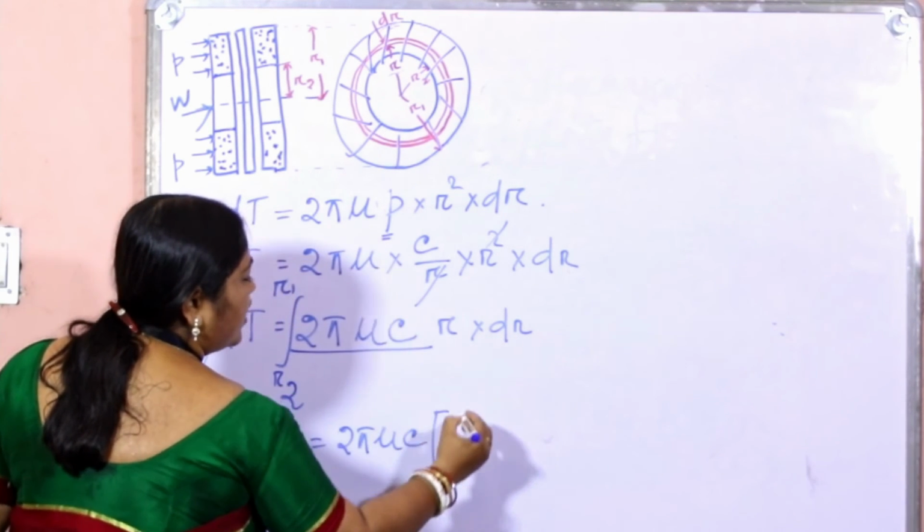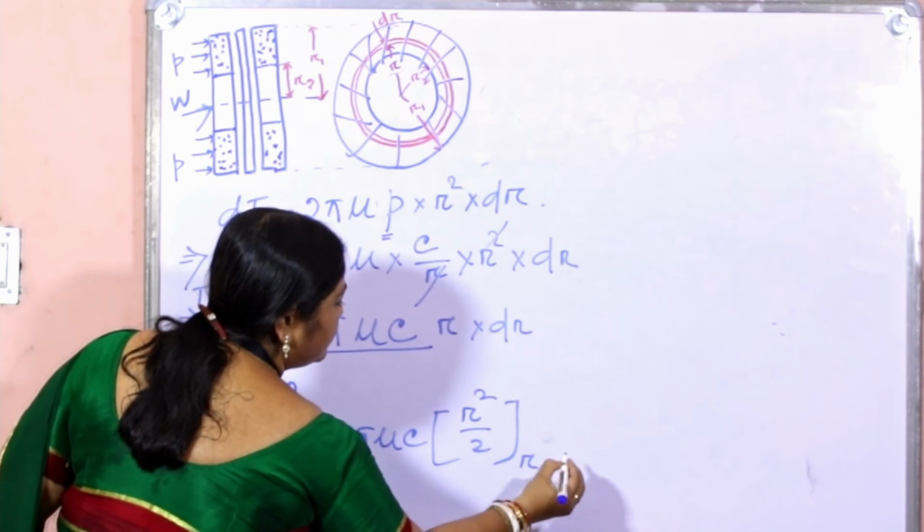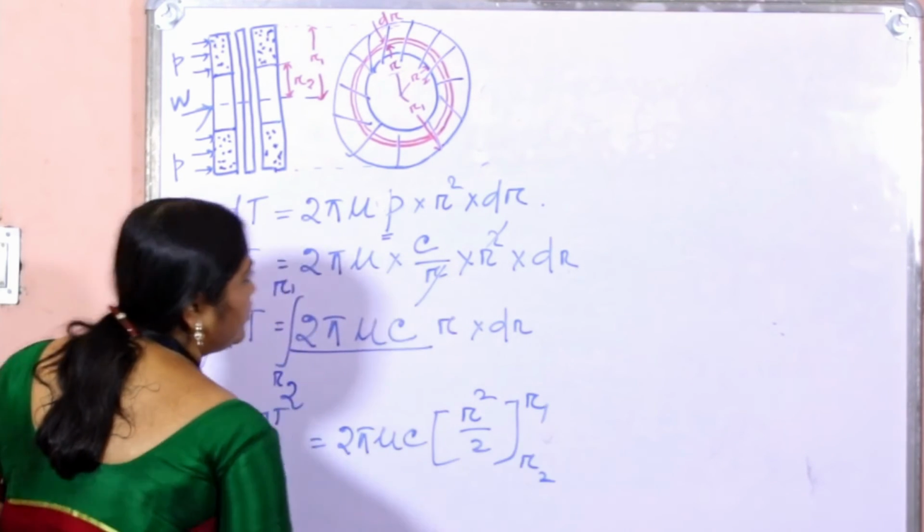Then integration of r dr is r square divided by 2 from R2 to R1.